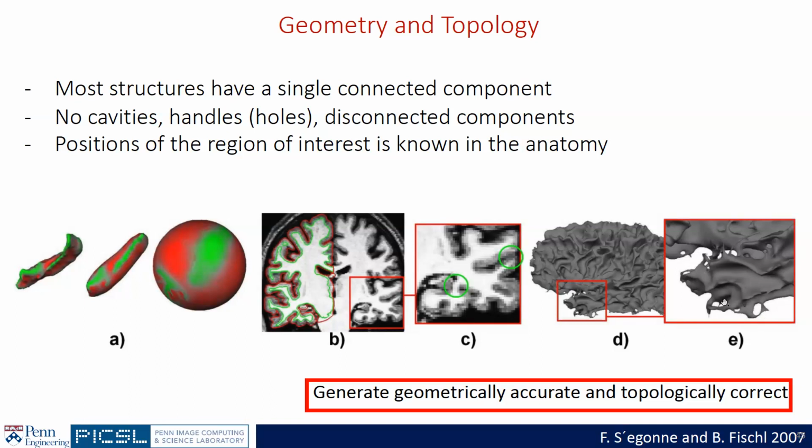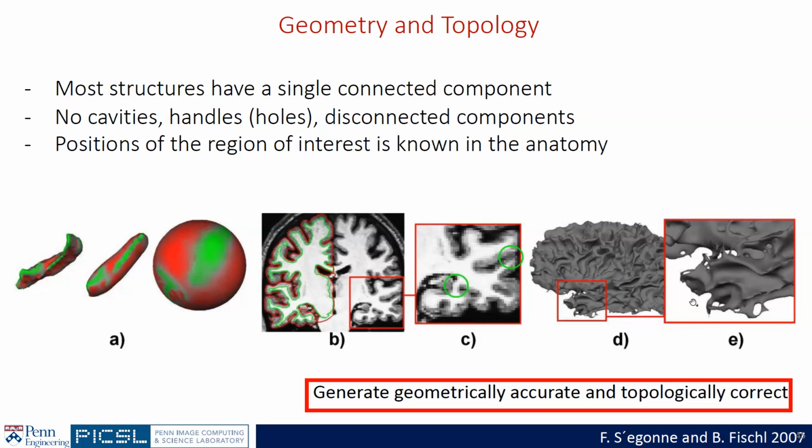And if you want to do some downstream processing on it, like compute curvature or thickness estimates, you need to correct for them before you can compute any sort of information from it, right? So either you can cut this and fix the topology. So this is like a hole, or you can fill it, right? Either you can cut it or you can fill it.